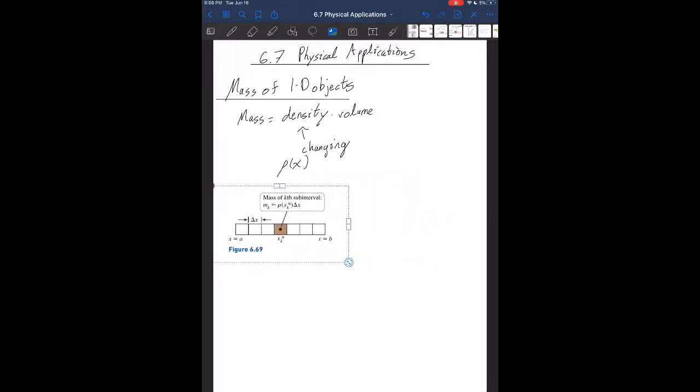we take our one-dimensional object that we're looking at and we break it up into smaller and smaller chunks, similar to what we've been doing with surface areas, with volumes, with lengths, all of these things. Then we can just approximate the density of one of these really small chunks by a constant density, right?